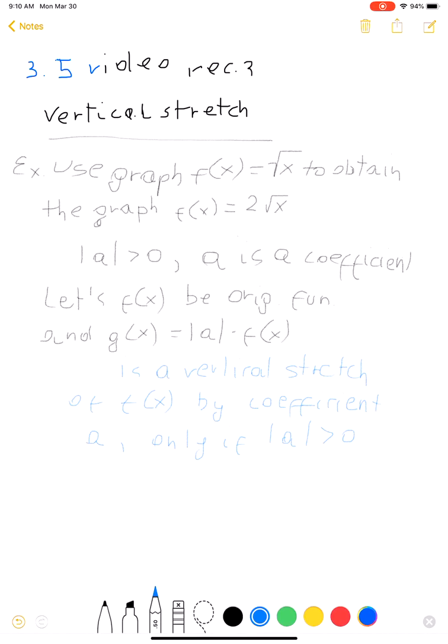So what happens with a vertical stretch? We're going to keep the same x coordinates as our original graph. The y value will be multiplied by the coefficient a.